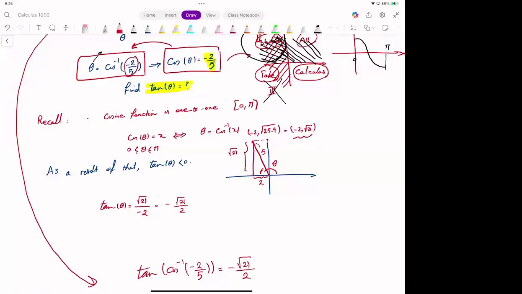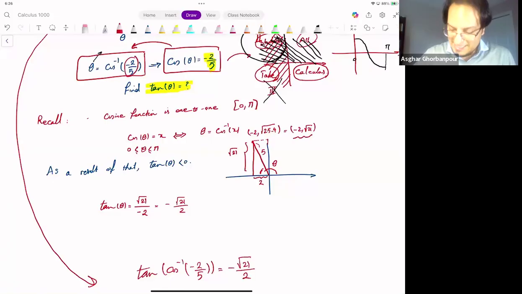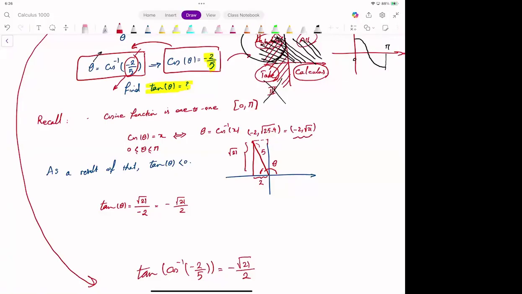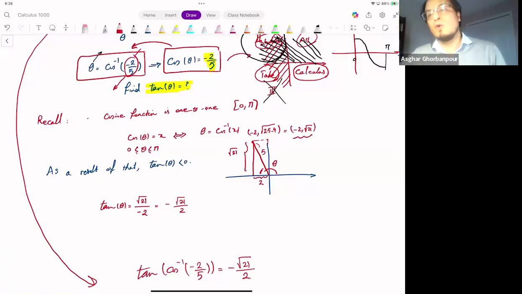Because we're working with cosine. The domain of cosine inverse is already satisfied, yes? Cosine inverse domain is what are the possible values as input into cosine inverse. It is already known. It's -2/5, which is a number between -1 and 1. Here, it is about the one-to-one domain of cosine, which would be the range of cosine inverse.